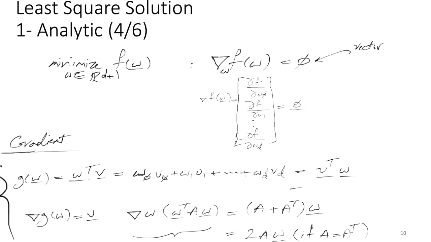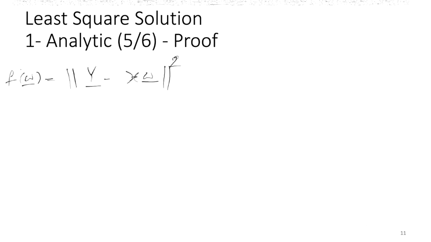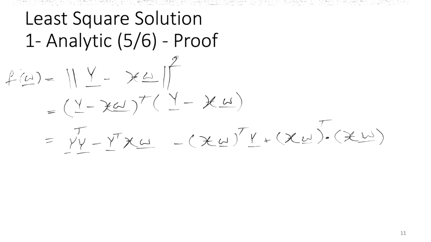You'll understand here. So we start from here. We expand it. Y minus xw transpose. And then it becomes y transpose y minus y transpose xw minus xw transpose y.